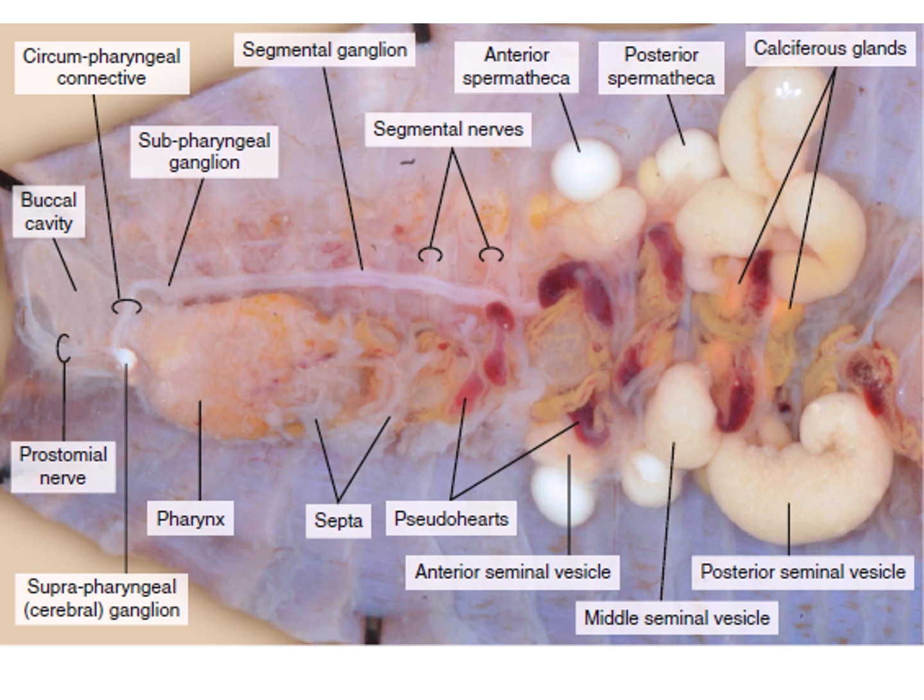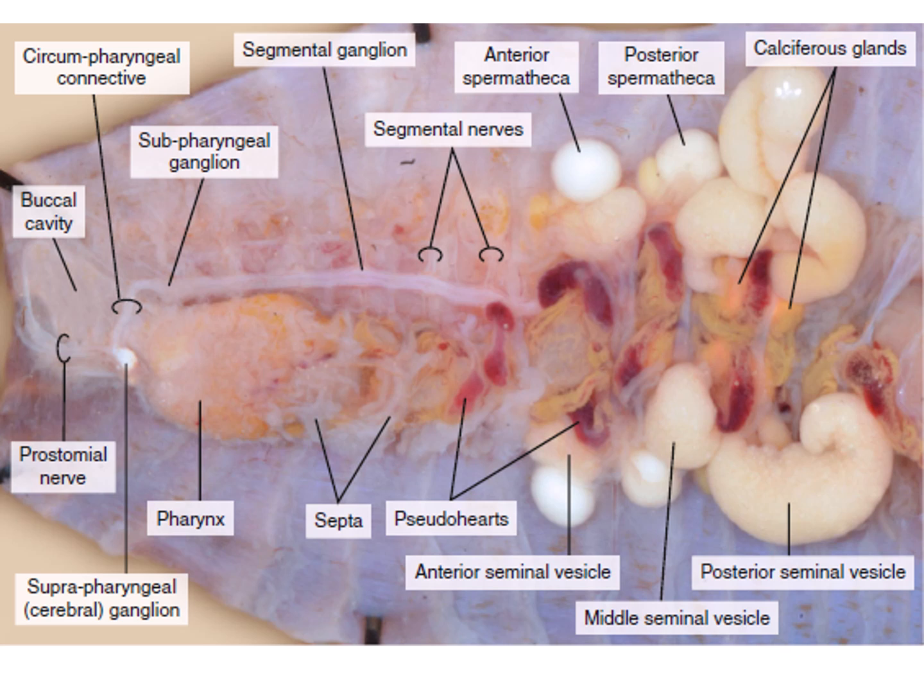And then there are visible prostomial nerves. Pharynx is visible, and the body wall or septa is visible, and pseudo hearts, we can see them, and the segmental nerves, segmental ganglia are present.